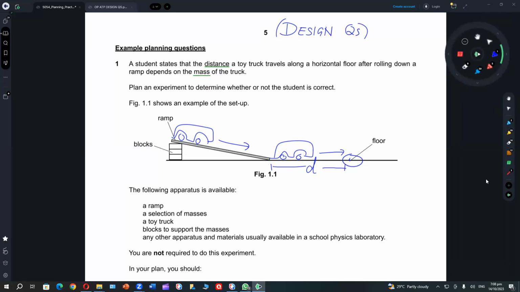So read the question again. Design questions are a bit tricky.